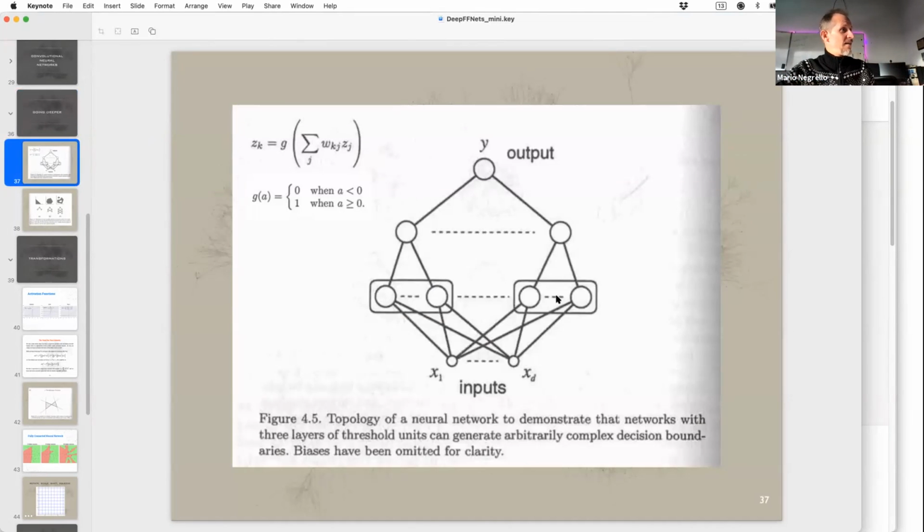So this is a representation of a deep network. And if you have 3 layers of threshold units, we can generate arbitrarily complex decision boundaries. This is an incredibly strong statement.